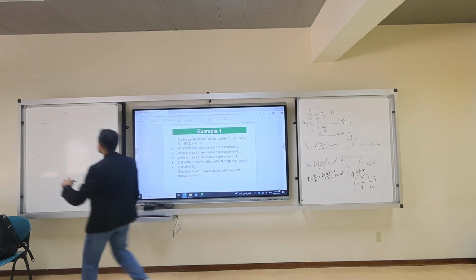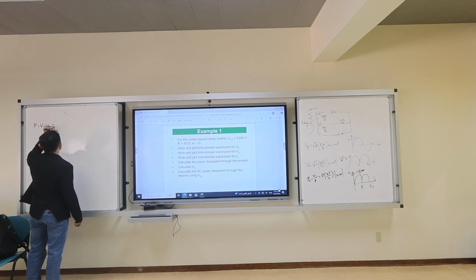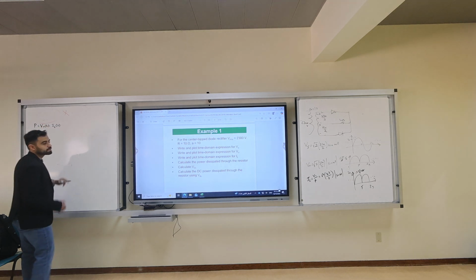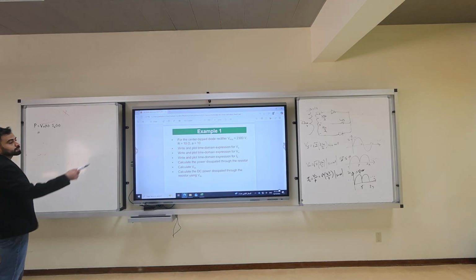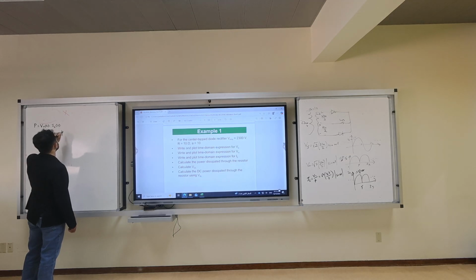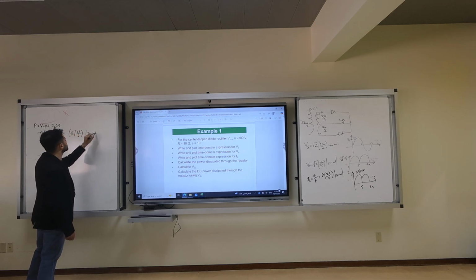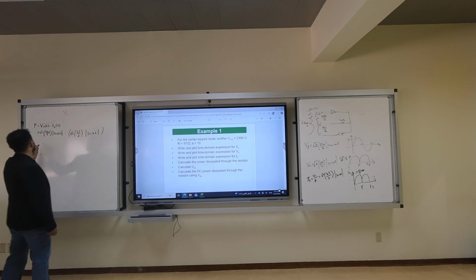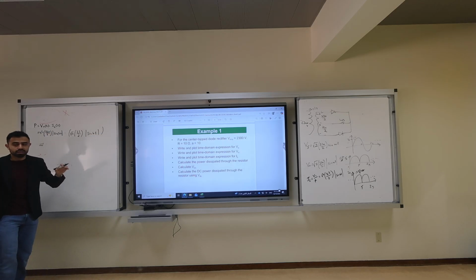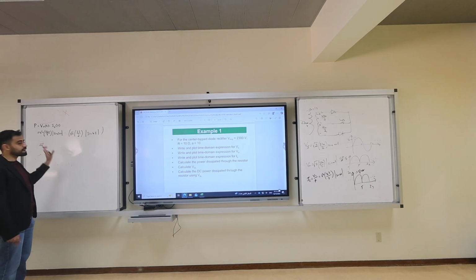Calculate the power through the resistor. So power is what? V output times I load, which is square root of 2, 230 over 2, absolute value sine omega t, times square root of 2, 23 over 2, absolute value sine omega t. You agree with me? Yes. If you do the math, it is I square R, or V times I, or V square over R. All will give you the same answer.